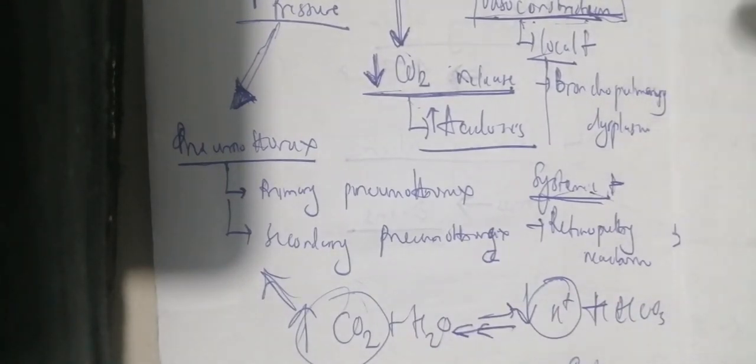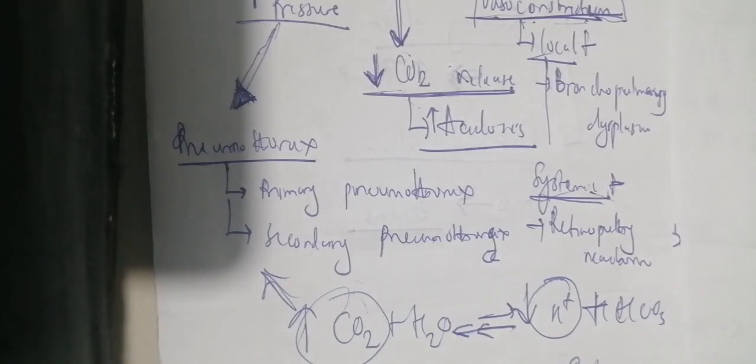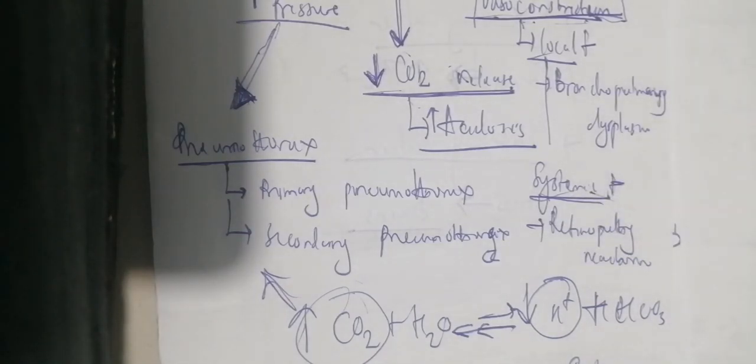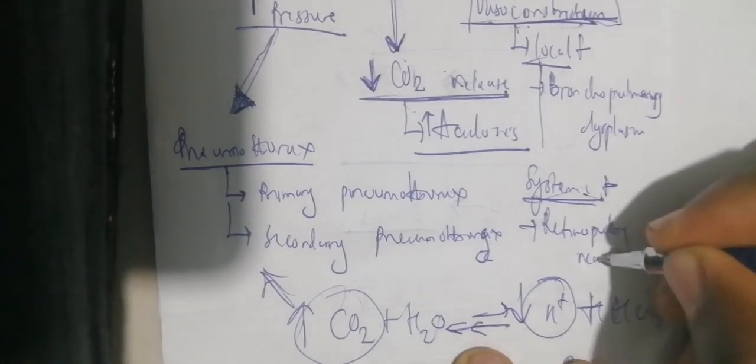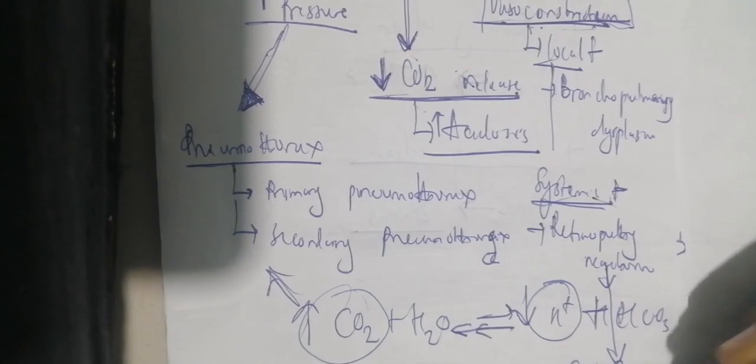The carbon dioxide increase, you also measure with the arterial blood gas, and you're going to have increased level of carbon dioxide. For bronchopulmonary dysplasia, you only ask for a biopsy of the lungs to visualize the dysplasia of the lungs, and the retinopathy of the newborn is a clinical diagnosis where you can use a fundoscopy. Basically, use fundoscopy in order to diagnose that.